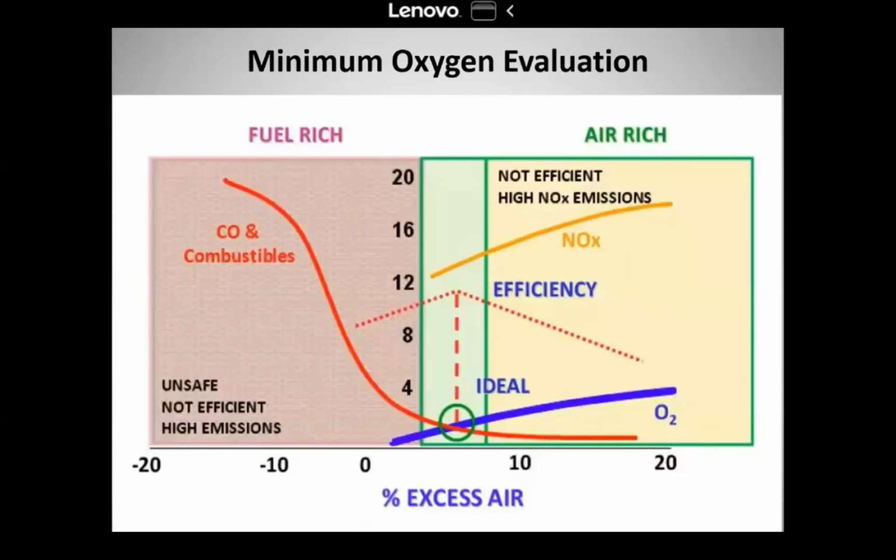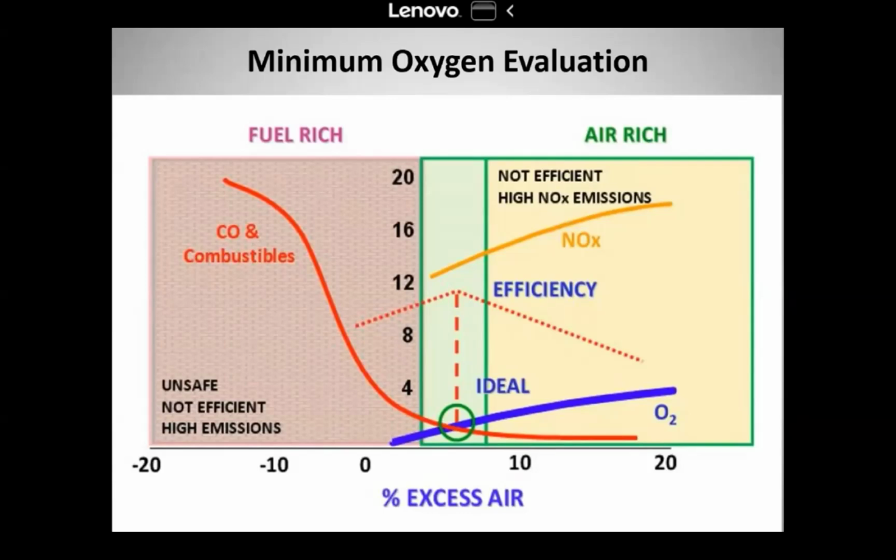Here's another example, fuel rich and air rich. On this one we have the red graph, which now adds CO and combustibles. As we cut air back enough, we don't even have enough oxygen around some of the carbon molecules to burn them to CO2.